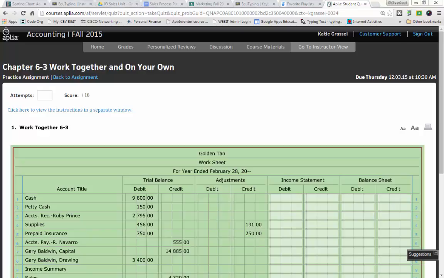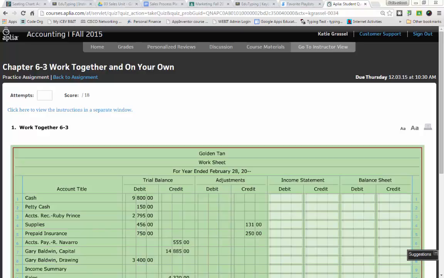So to finish my worksheet, I look at cash and say cash is an asset. It will either go on an income statement or on the balance sheet. Where does it go? Balance sheet, because the purpose of a balance sheet is assets equals liabilities plus owner's equity.